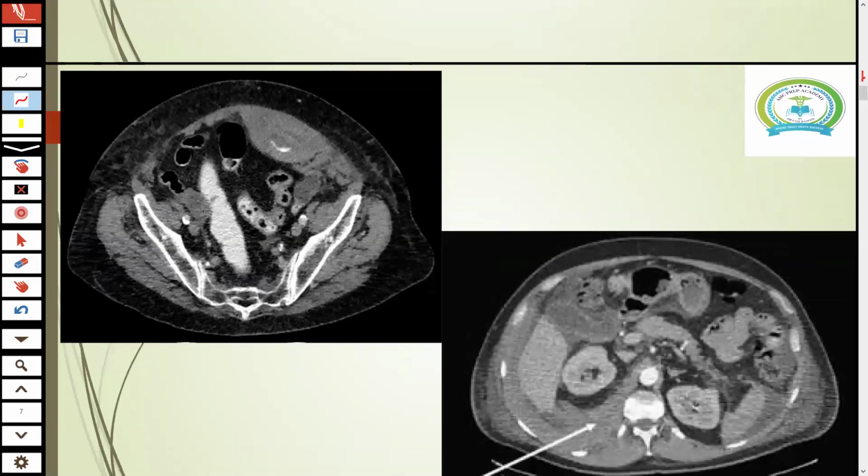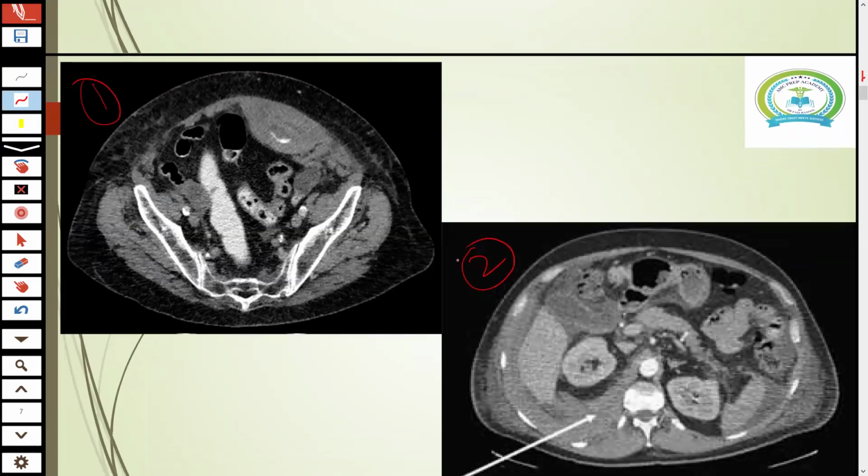Can anyone tell me what is in the first image and what is in this second image? What is the diagnosis? Because they give you this sort of images and you have to diagnose from the image. How will you diagnose them, just with this CT?